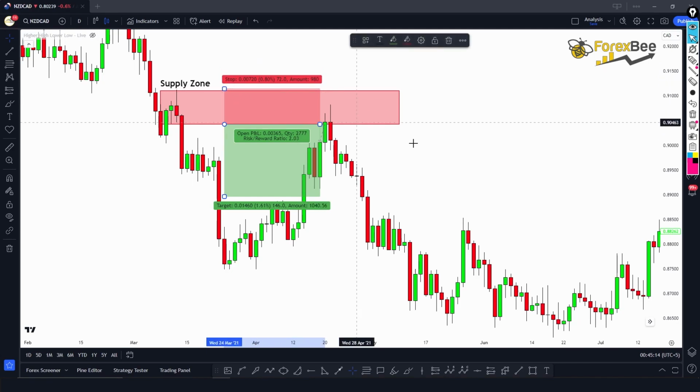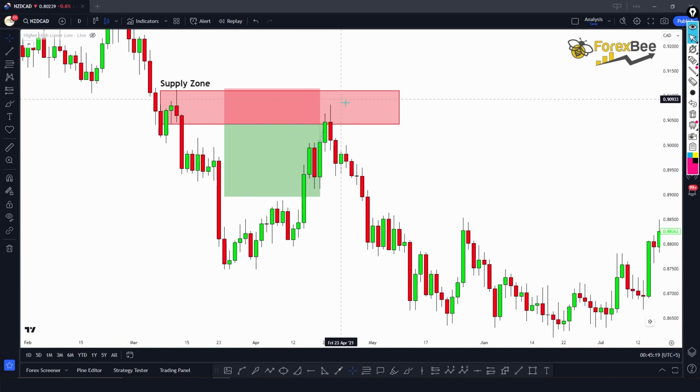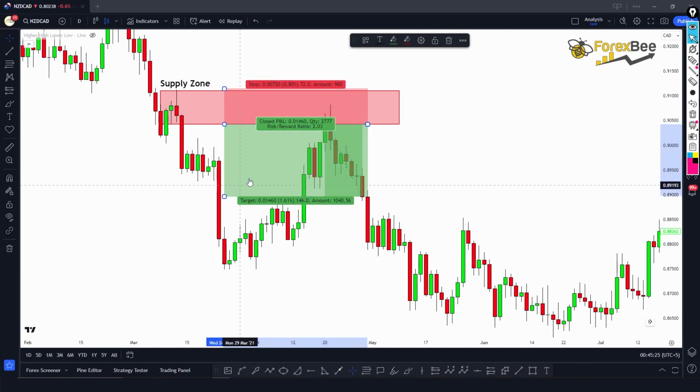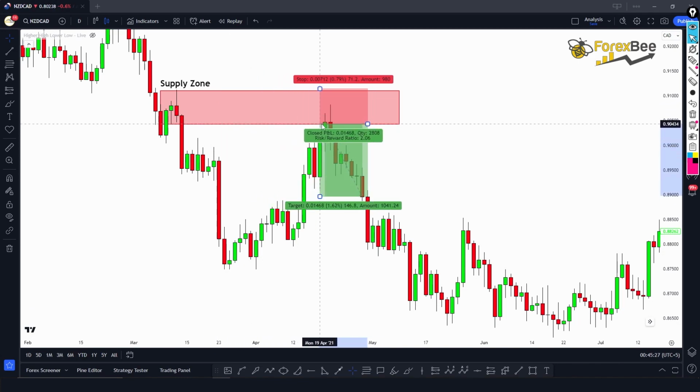So we'll put our stop loss here, and as we can see, the market comes back to this supply zone and picks those pending orders. Now our orders will also get executed. If we look closely, we can see that the stop loss is above the high of this supply zone.